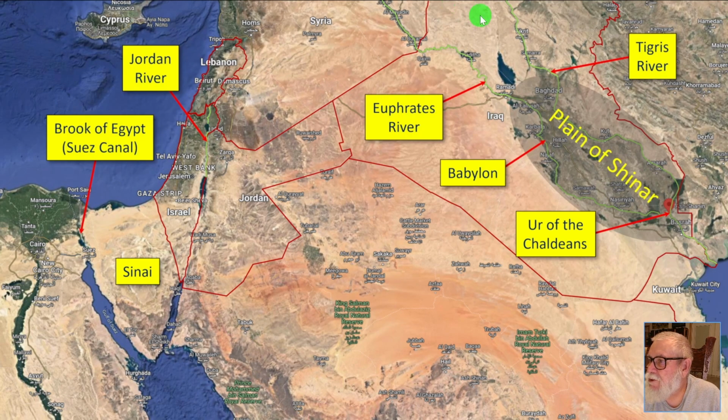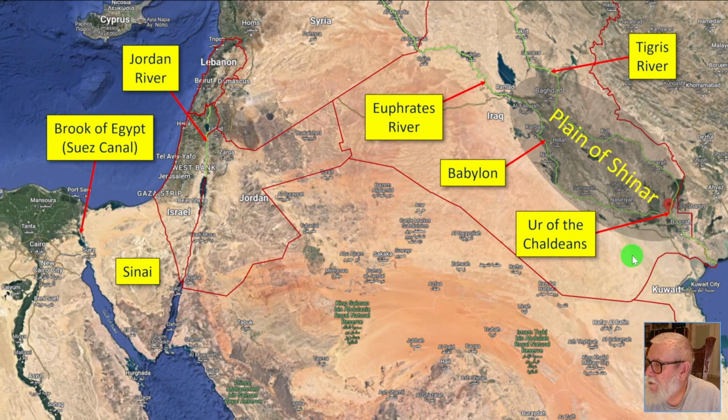In between the two rivers, well, let's continue talking about the rivers first. They start in southern Turkey, and they flow down through what's today Iraq to this spot that's marked by this map pin here.